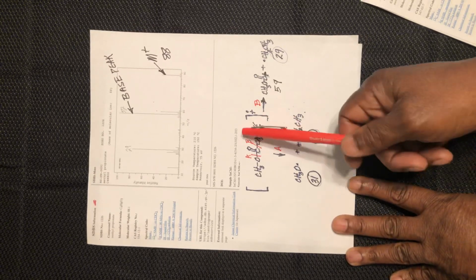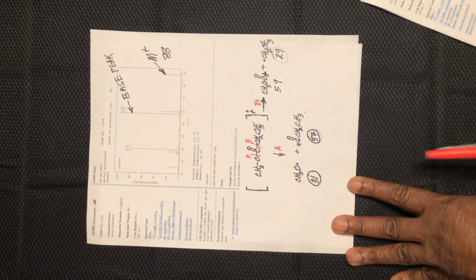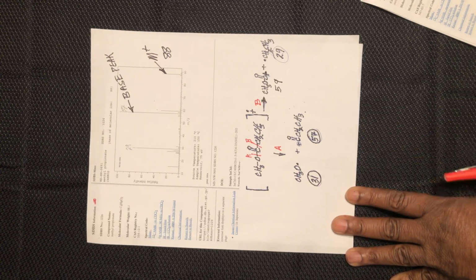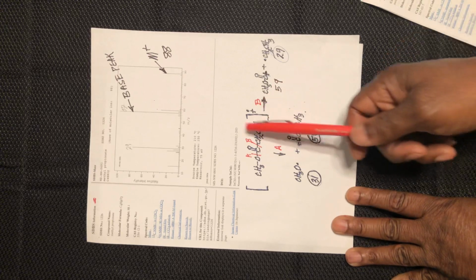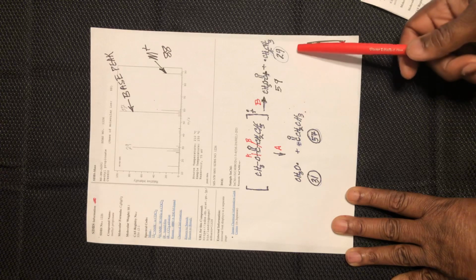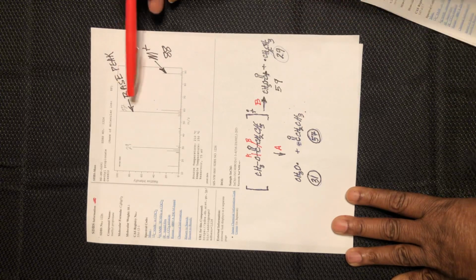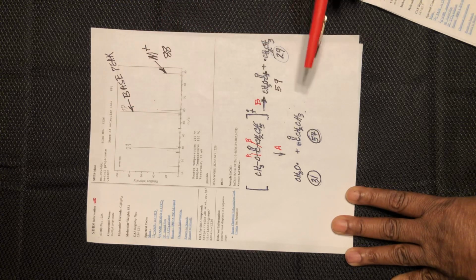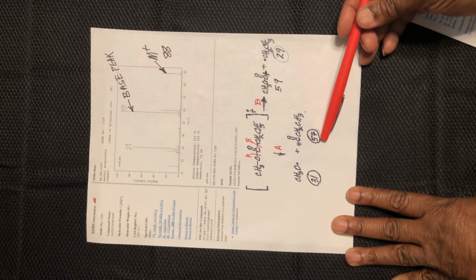So if we cleave on each side of our carbonyl, we have one pathway that'll give us 31 and 57 for fragments. And if we cleave on the B side, we would get 59 and 29. Well, we look at our base peak, and our base peak is at 57, and that's consistent.